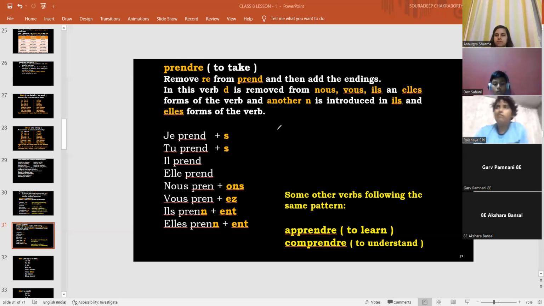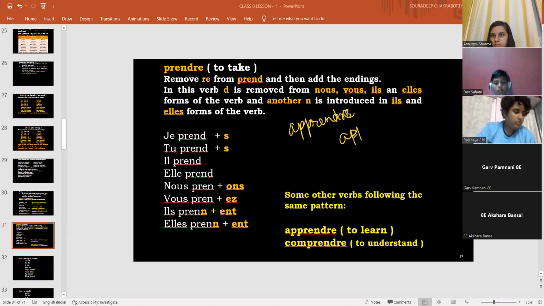Did you notice? So the same way you need to do the conjugation for the verb apprendre. So what will be the root of this verb? APPREND. The root will be A-P-P-R-E-N-D. Okay. So what will be adding now?